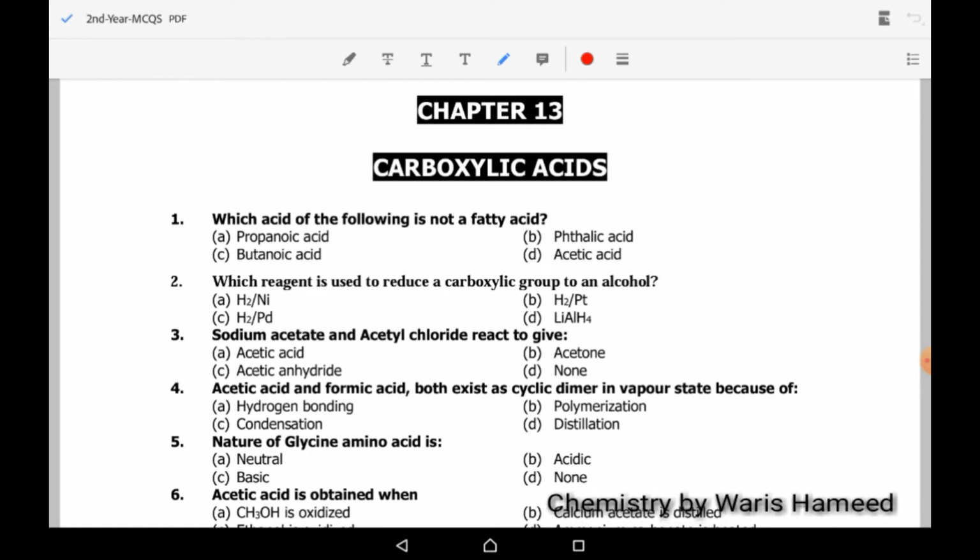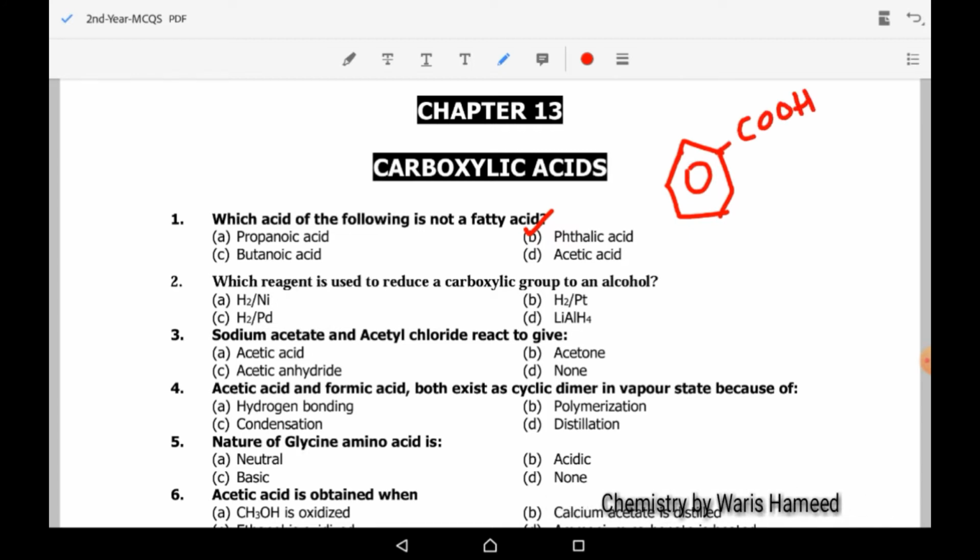It has a structure in which the benzene ring has two carboxylic functional groups. It's like this: COOH and COOH. It's phthalic acid.